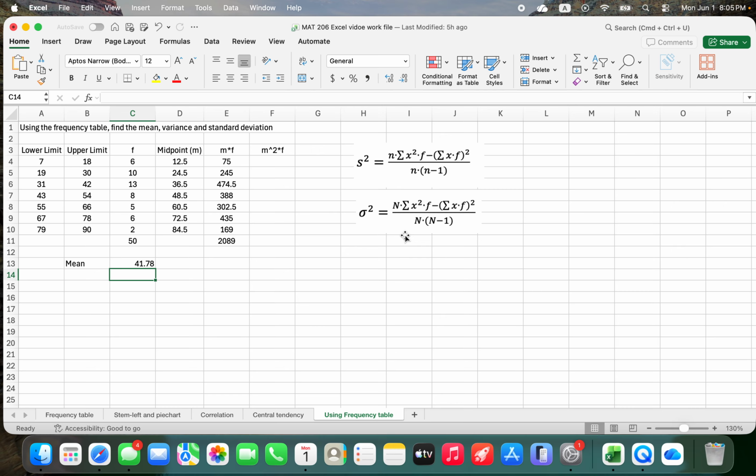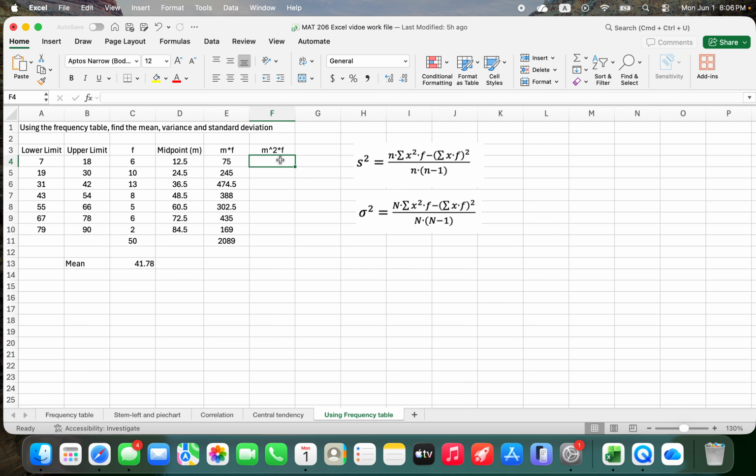Okay, to do so, we need to find x squared times f, since x represents each data set. Now m represents each data set. So m is like x here. So you need to find the sum of x squared times f. In this case, m squared times f.